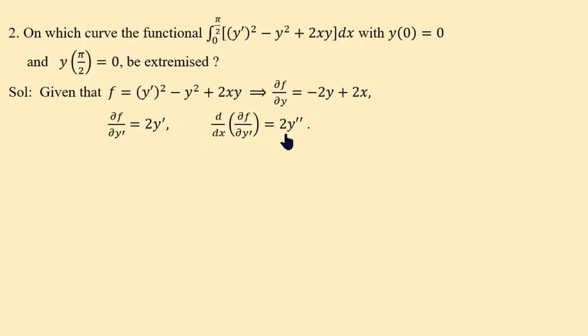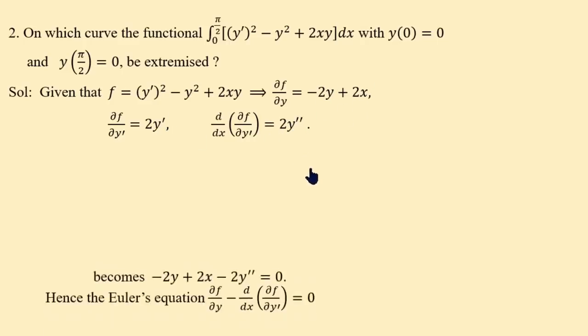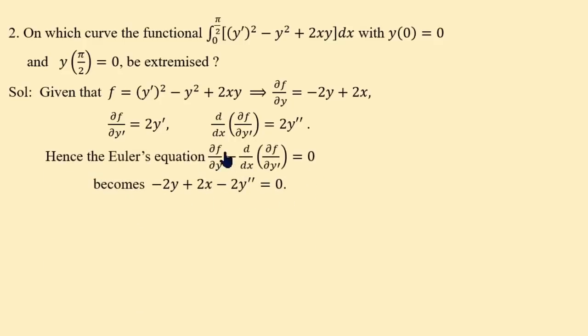Now substitute these two in the Euler equation. So it becomes minus 2y plus 2x minus 2y'' equals 0. Now cancel 2 throughout. See this, take minus y'' to the right side and y also to the right side.